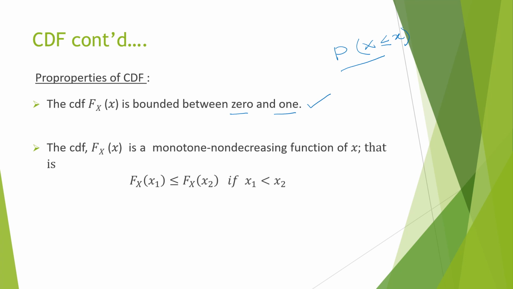The second property is that CDF is a monotone non-decreasing function. What is meant by that? Suppose x1 is less than x2, then the CDF at x1 is less than or equal to the CDF at x2. This gives us the concept of a monotone non-decreasing function.